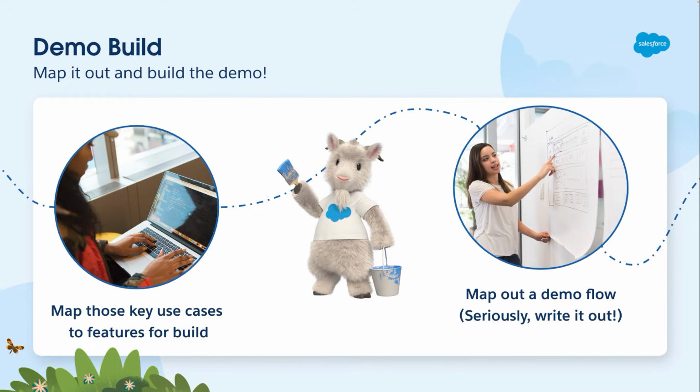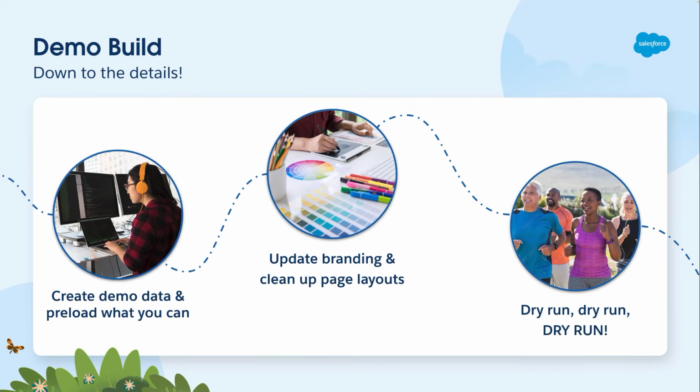I truly think it is helpful to get out the old-fashioned pen and paper and write this process out. This is going to help you not only memorize and get a better feel for what you're going to do from a demo perspective, but this is something as you continue to iterate on it, you can actually use it when you go through your actual demo.